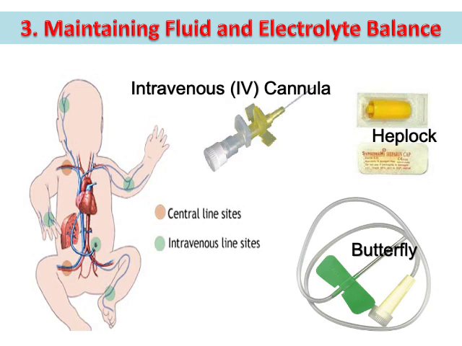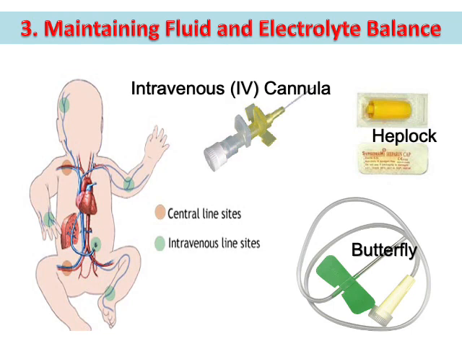There could be a jugular vein or the femoral vein, while IV line sites or peripheral line sites are usually inserted by nurses. So there you can see a scalp vein, metacarpal vein, as well as the others in the arms and the legs.